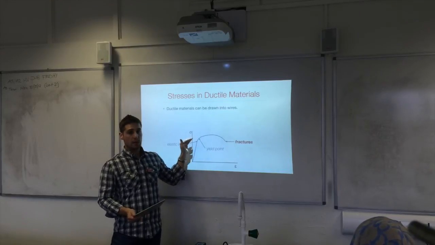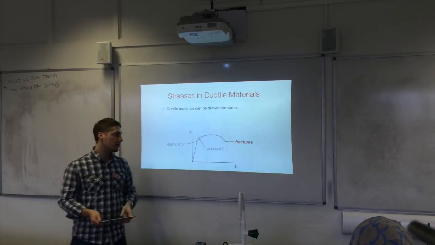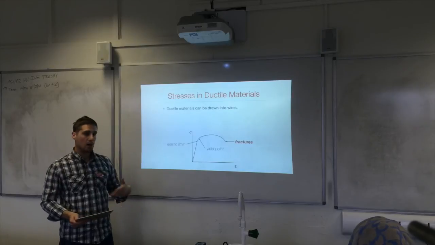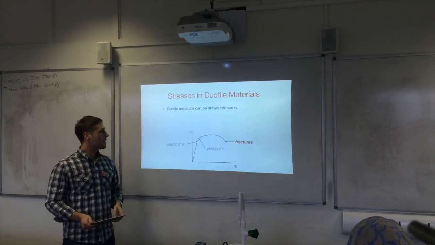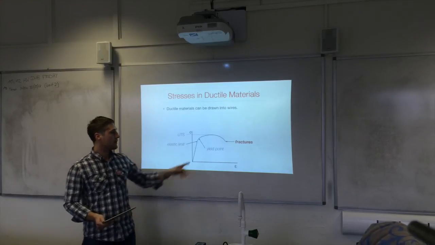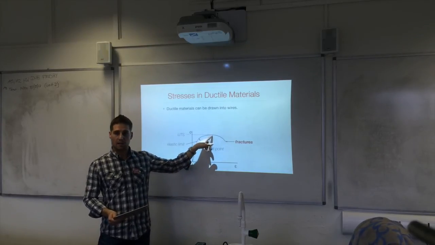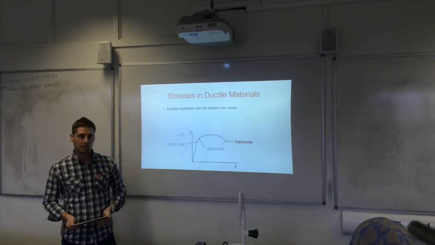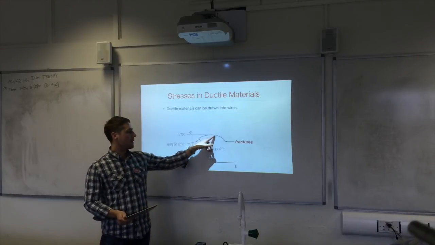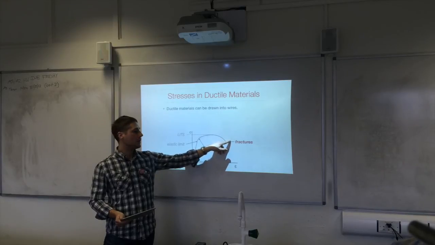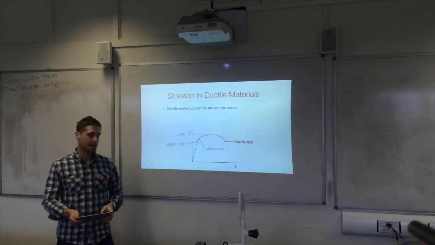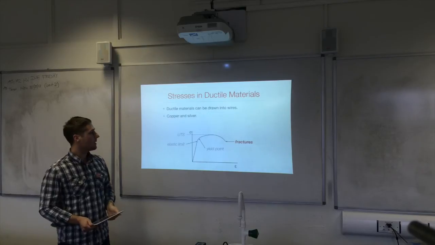But beyond that, the gradient decreases, so you start to get larger amounts of strain per unit stress. Ultimate tensile stress is there, so that's the maximum stress that material can take. After that, you can actually decrease the amount of stress in order to continue straining the material.